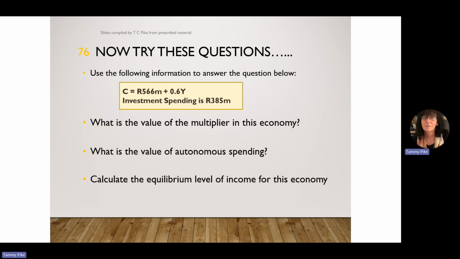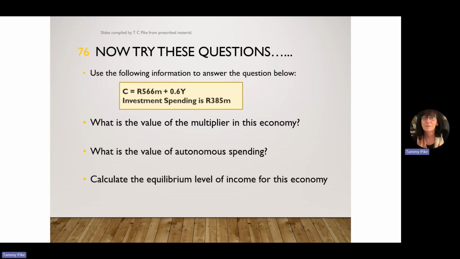All right, so let's start off with the multiplier. The next slide does have all the answers nicely done for you, so don't panic. Your multiplier for this learning unit is always 1 over 1 minus little c. Now your key is, where's your little c? There's your little c. By recognizing your consumption function, you should recognize that that is little c. Forget about the y. When you're doing the multiplier, you're not interested in the level of income. All you're interested in is the marginal propensity to consume.